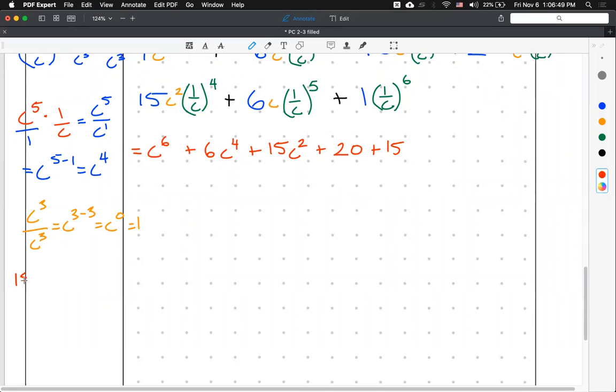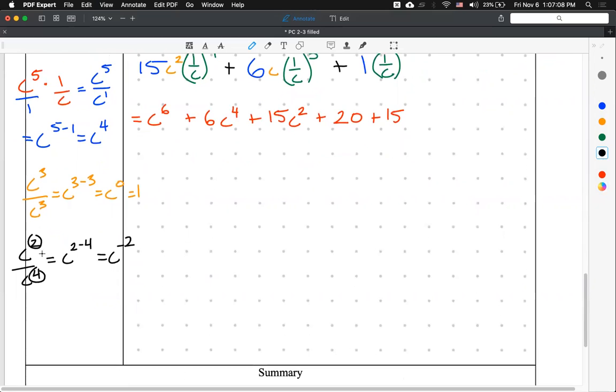If I have, let's just do a more simple example, something like c to the power of 2 divided by c to the power of 4, what do you write here? Well, you can either write c to the power of 2 minus 4, which is equal to c to the power of negative 2. That is correct. Or you can subtract the other direction. 4 minus 2 is 2, and you can say that is equal to 1 over c to the power of 2.